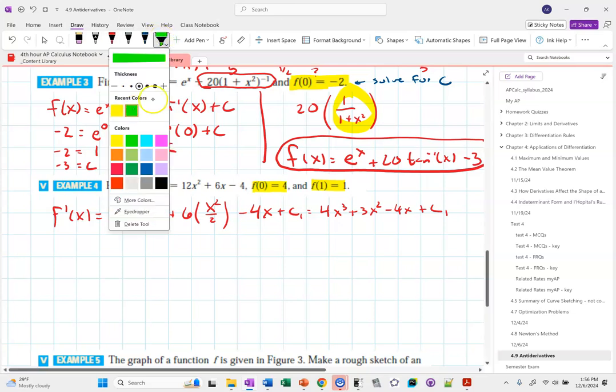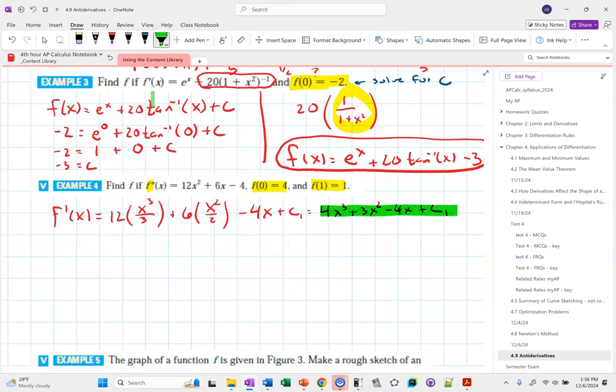So now to find f, I'm going to be using this. So f of x, I'm going to ignore the 4. What's the antiderivative of x cubed? Excellent. And the antiderivative of, again, I'll ignore the 3. What's the antiderivative of x squared? Good. And the antiderivative of x?